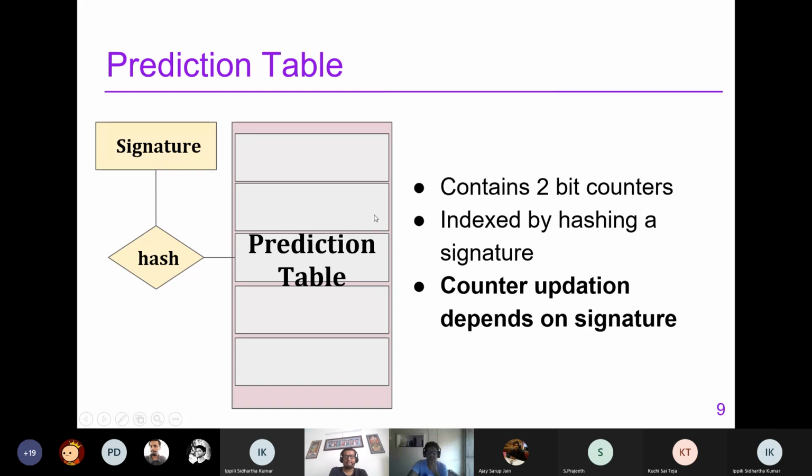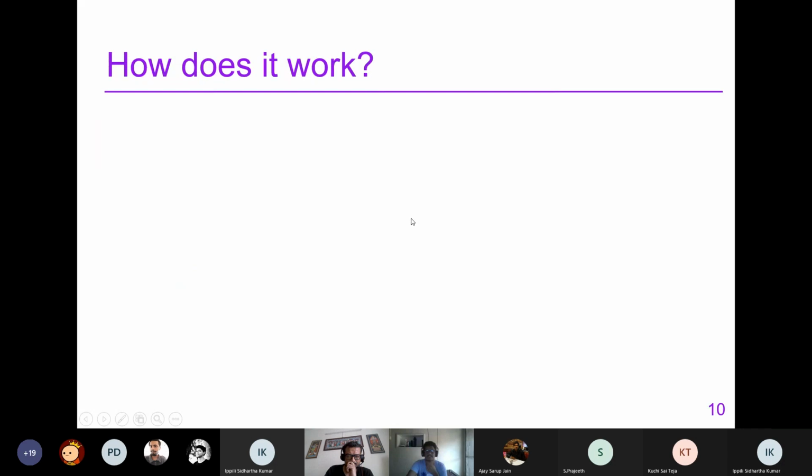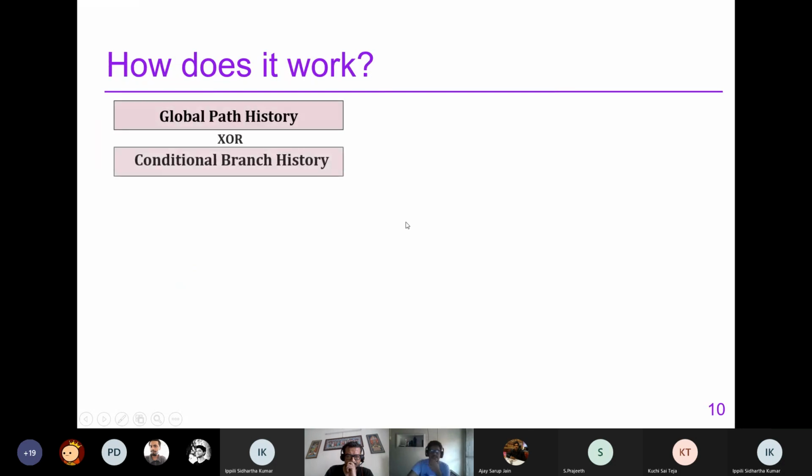The counter is updated on a TLB hit of a new TLB access, or on a TLB miss when the LRU evicts an entry. Let me explain what I meant by that.